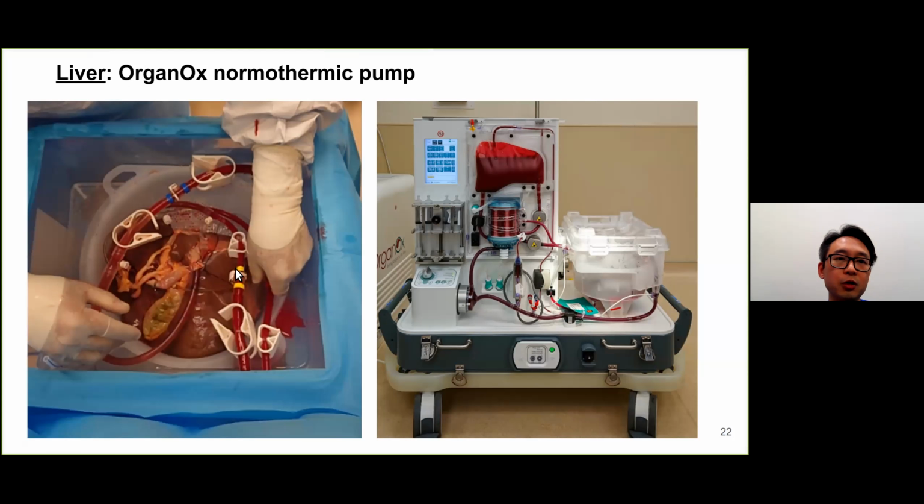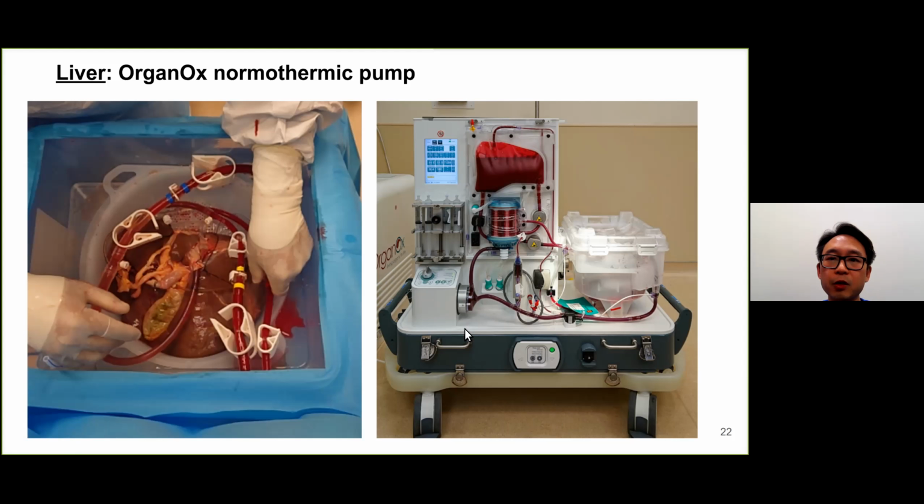On the left here is a picture of a liver that's being prepared to be placed on the pump. The pump device from this particular company, Organox, is shown on the right. This has a specialized pump here that circulates the blood. There's also an oxygenator here that does the work of breathing.